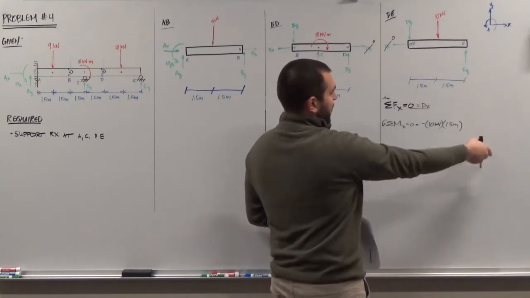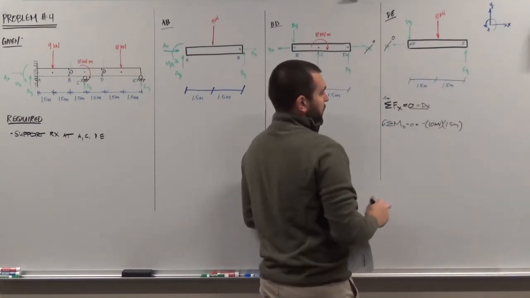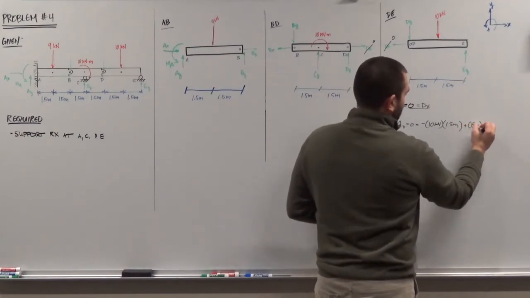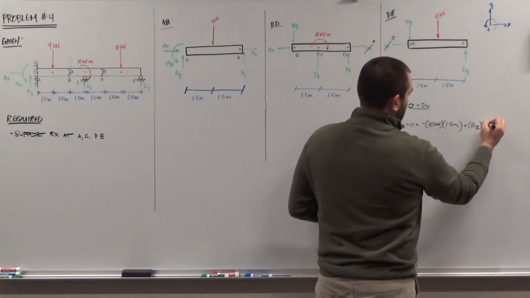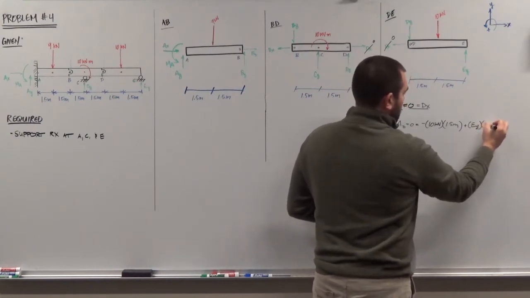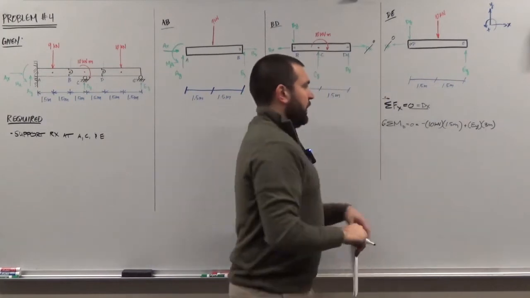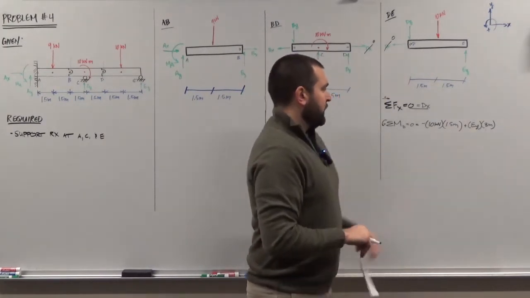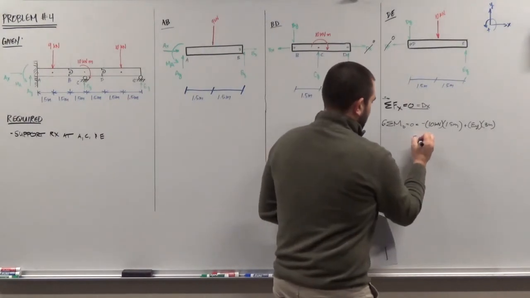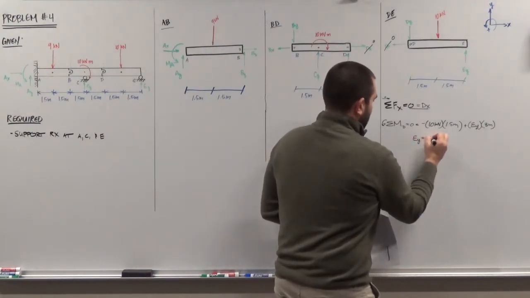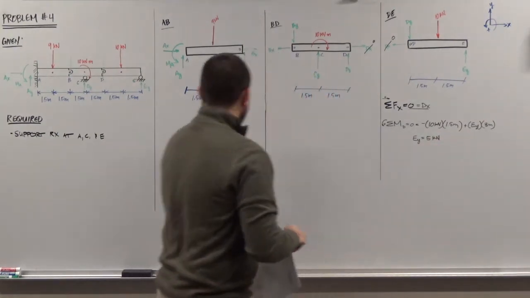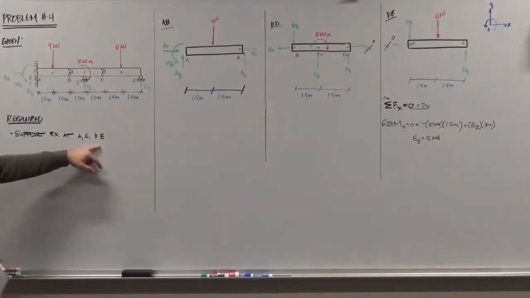Then I've got Ey causing a counterclockwise rotation about D. So that's a plus Ey, and its moment arm is 3 meters. So here, just one unknown, Ey. I've got my loading, my known information, and my distances. So I get that Ey is simply equal to 5 kilonewtons. All right, so that's one of our questions here.